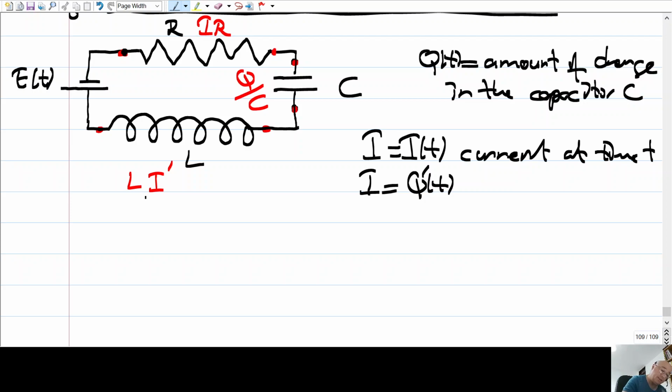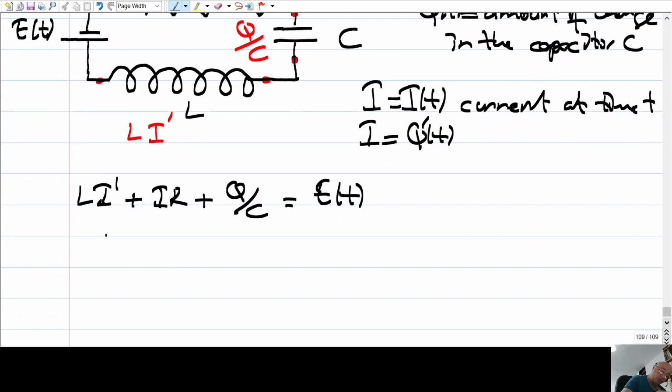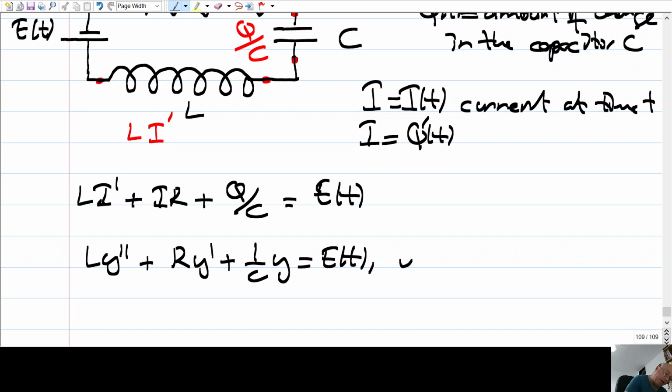Therefore this equation can be written like this: L times I prime plus I times R plus Q over C is equal to the total potential, which is just E(t). Or this is just L y double prime plus R times y prime plus 1 over C times y equals E(t), where y is just Q(t).